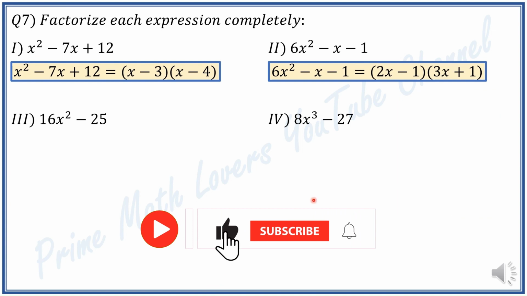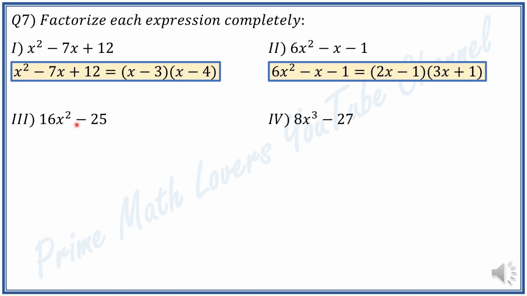Question 7, part 3. Factorize each expression completely. 16x squared minus 25. I rewrite the expression, and instead of 16x squared, I write down 4x to the power of 2. And instead of 25, I write down 5 to the power of 2.